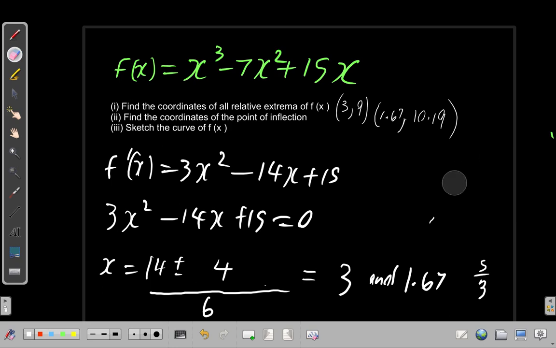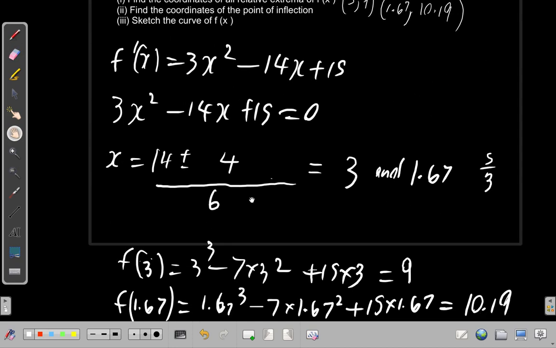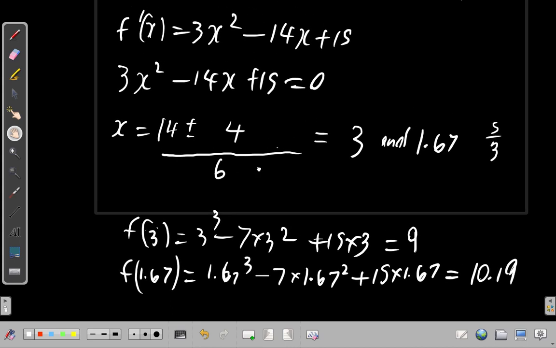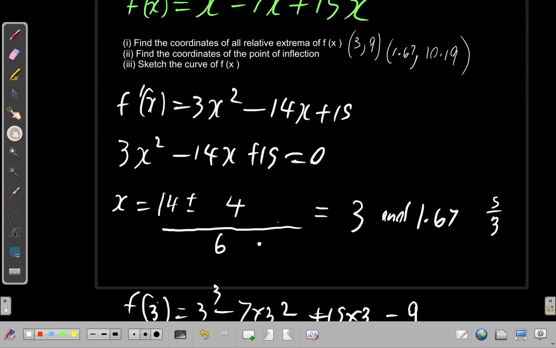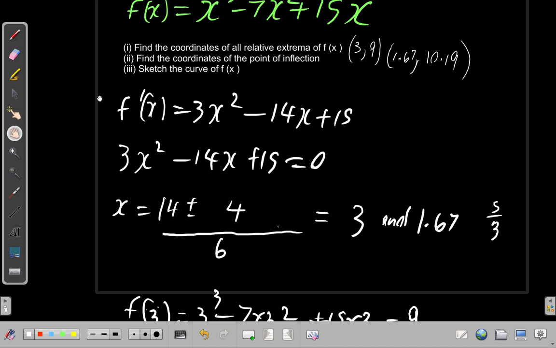Let us find the second derivative. We have the first derivative here. F double prime x equals, we differentiate this again.